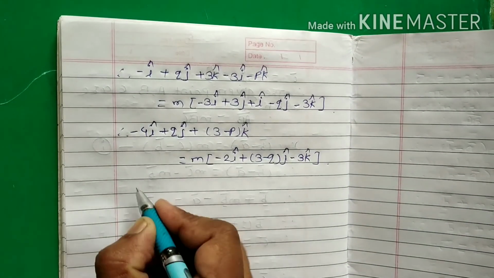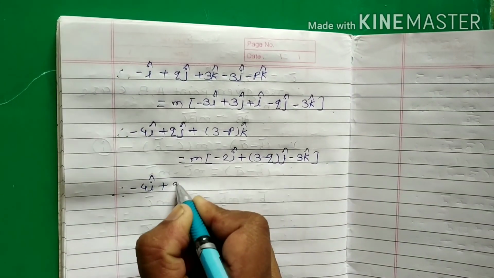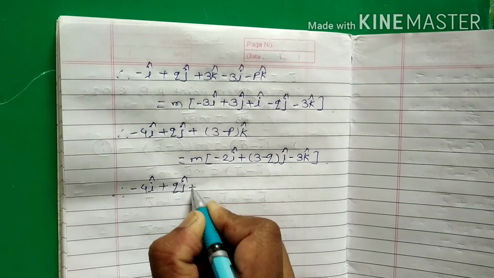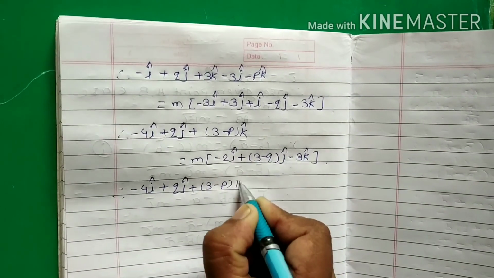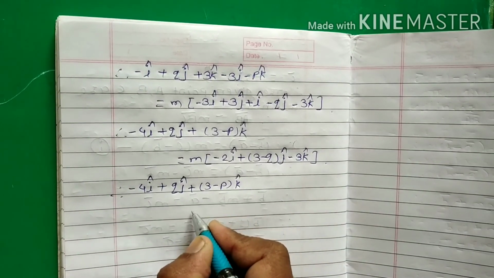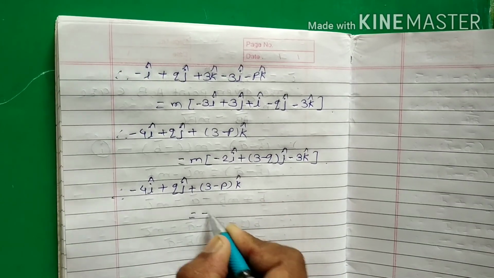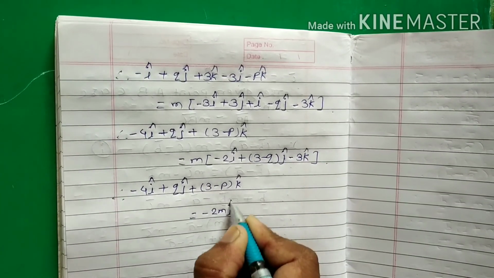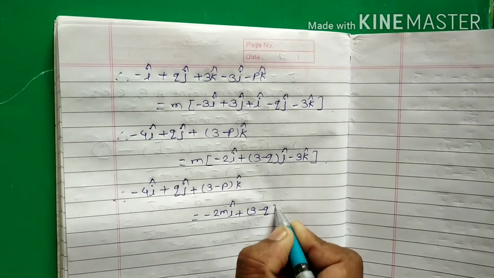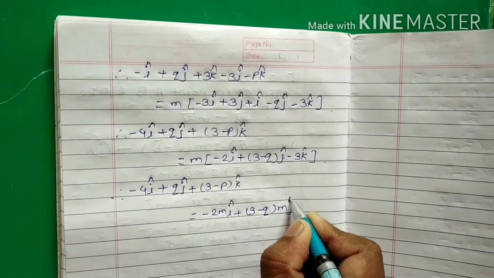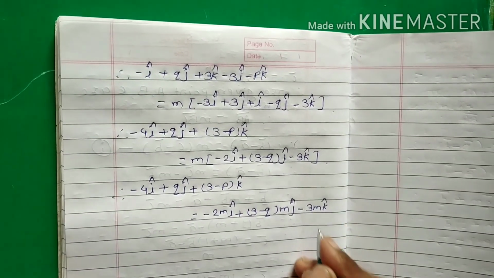Therefore we write minus 4i cap plus q j cap plus 3 minus p into k cap is equal to, we multiply m, and we get minus 2m into i cap plus 3 minus q into m into j cap minus 3m into k cap.